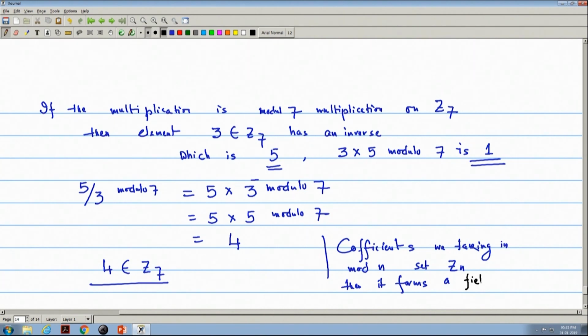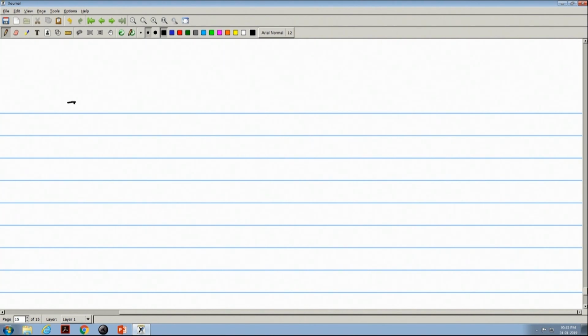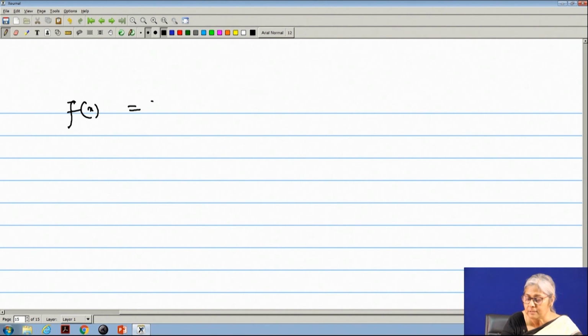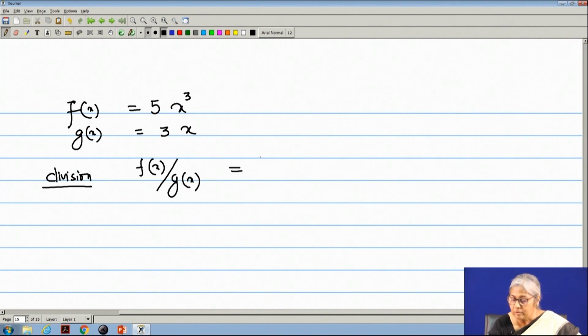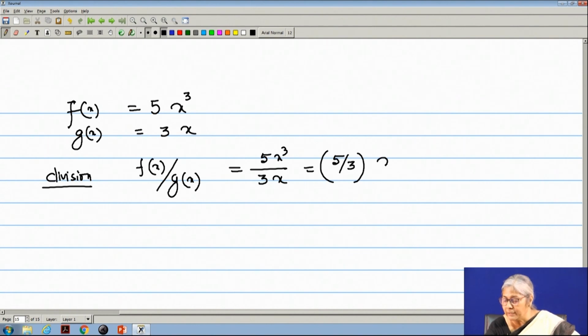Say field. Okay. Now what does that mean for a polynomial? Say f(x) is, I take a very simple example, 5x cube, and say g(x) is 3x. Now if I consider division, f(x) divided by g(x) is 5x cube divided by 3x, and this is 5 by 3, x cube by x is x square.